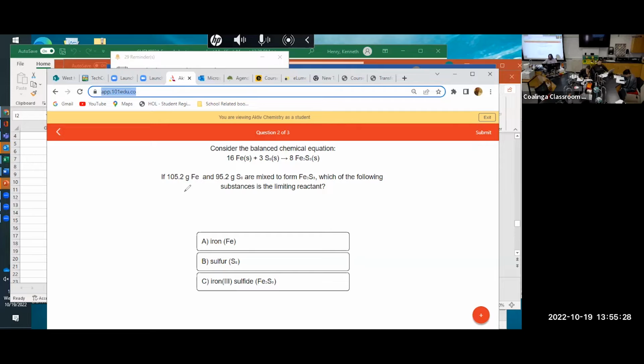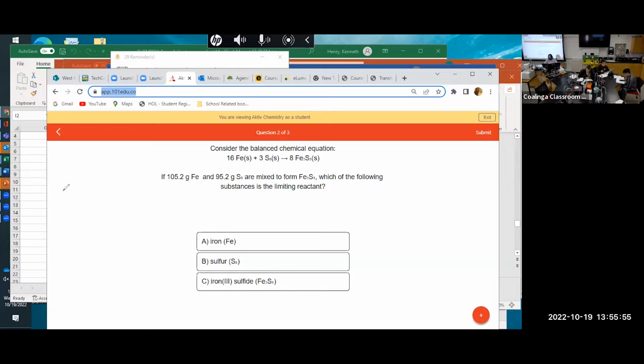As soon as you know that you have 2 reactants, and they give you values for both of your reactants, then you know that it's a limiting reagent problem. The first thing we want to do with everything we're dealing with is stoichiometry. From here on out, pretty much everything, if it's not in moles, we have to change it to what? Moles. So we want to change them both into moles.